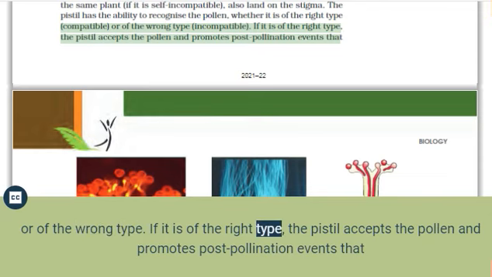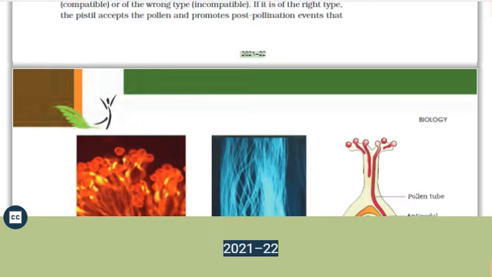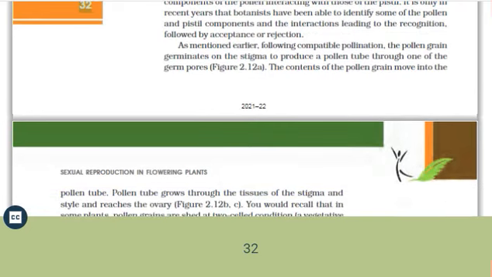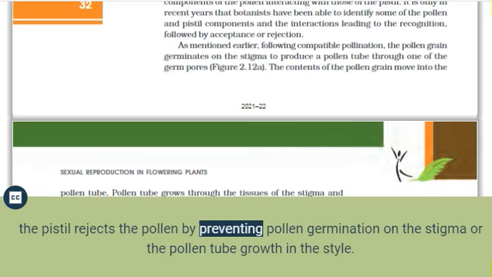If it is of the right type, the pistil accepts the pollen and promotes post-pollination events that leads to fertilization. If the pollen is of the wrong type, the pistil rejects the pollen by preventing pollen germination on the stigma or the pollen tube growth in the style.